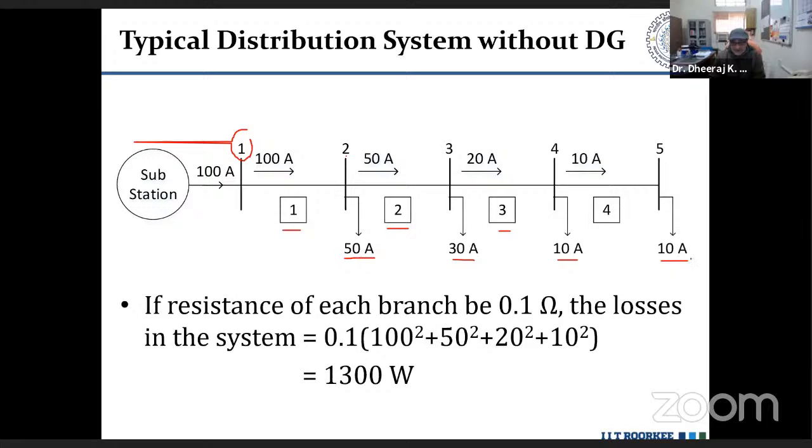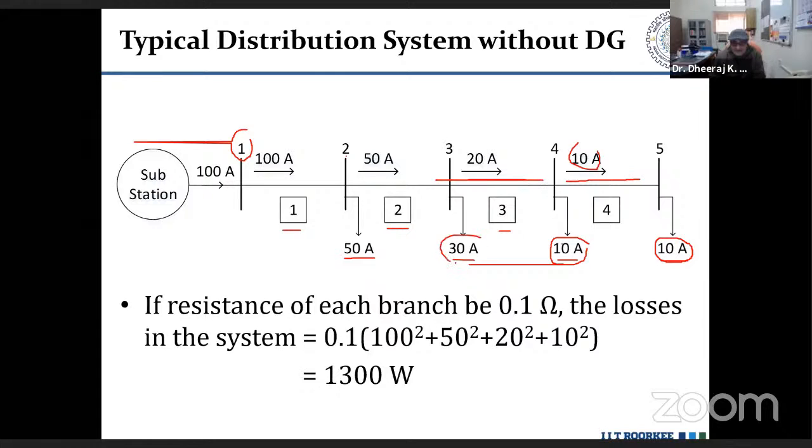Suppose at bus number 5 we have a 10 ampere current requirement, so that 10 ampere will come from branch number 4. Here we have 10, so this 10 and this 10, 20 will come through branch 3. 30 here, so 30 plus this 20 will become 50, so 50 ampere will flow through branch number 2.